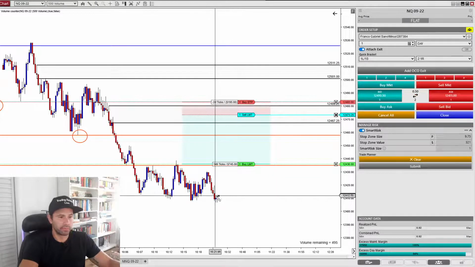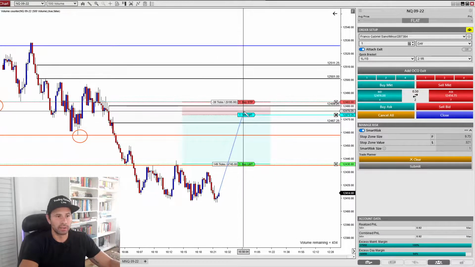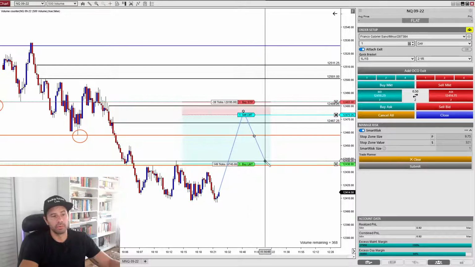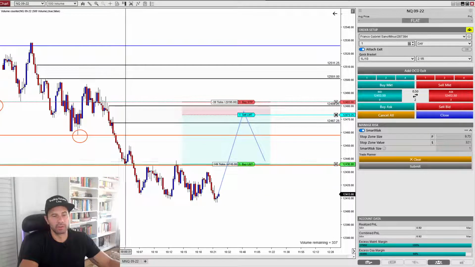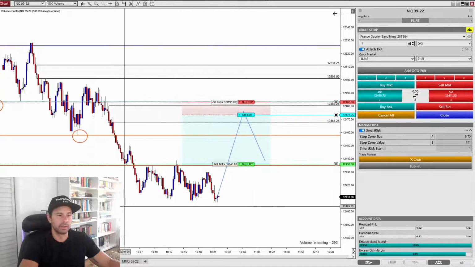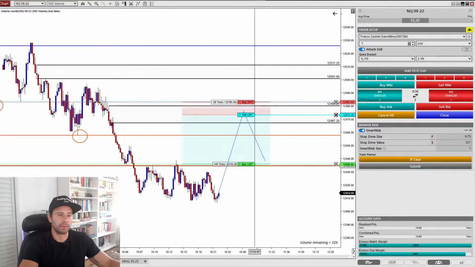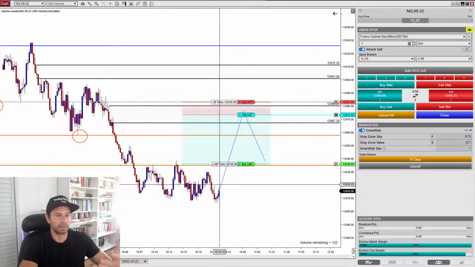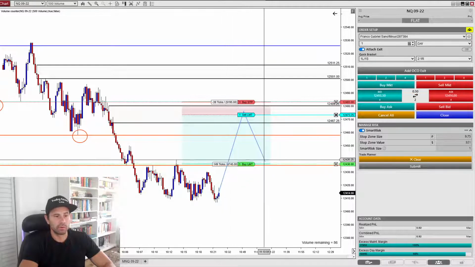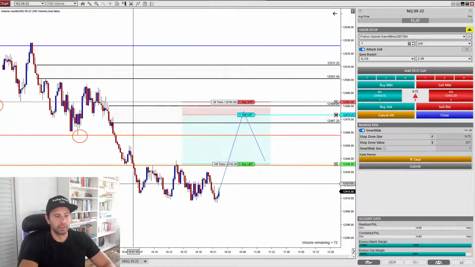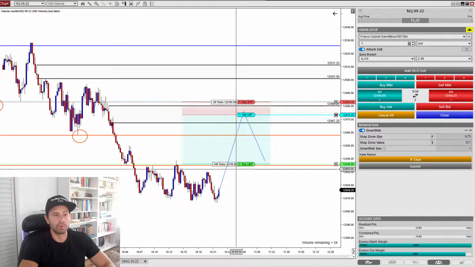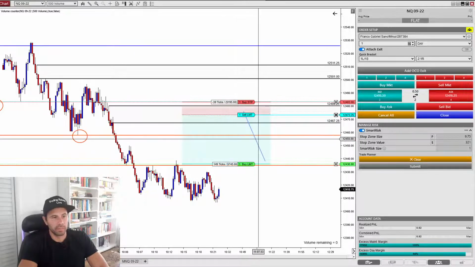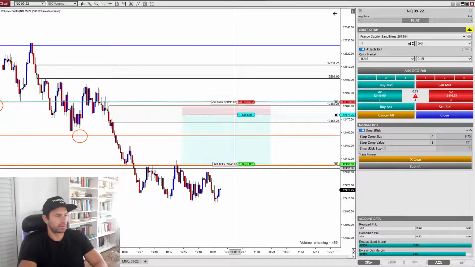Meaning, if we come back here and then we happen to have a pullback, this consolidation area is going to start to attract some buyers like me and you guys, right? Only that could make this area hold. So I think my probability in this trade is decreasing with time.